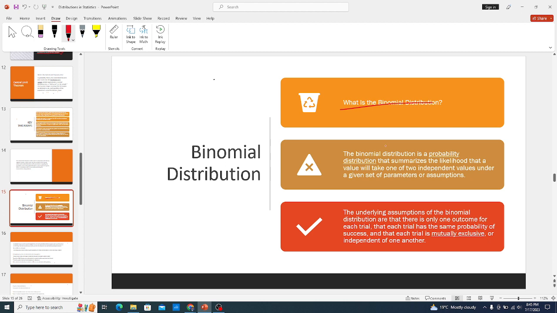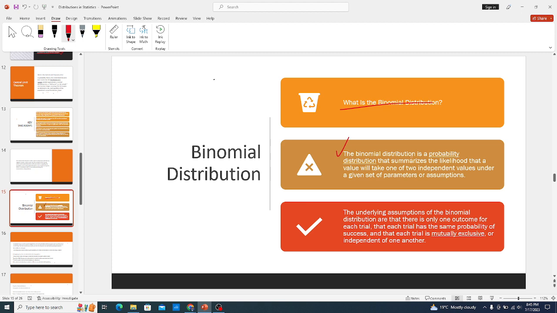In an experiment, the outcome of the first trial is independent, meaning it won't affect the outcome of the second. But don't worry, we shall go in depth about those properties. So let's start with the binomial.